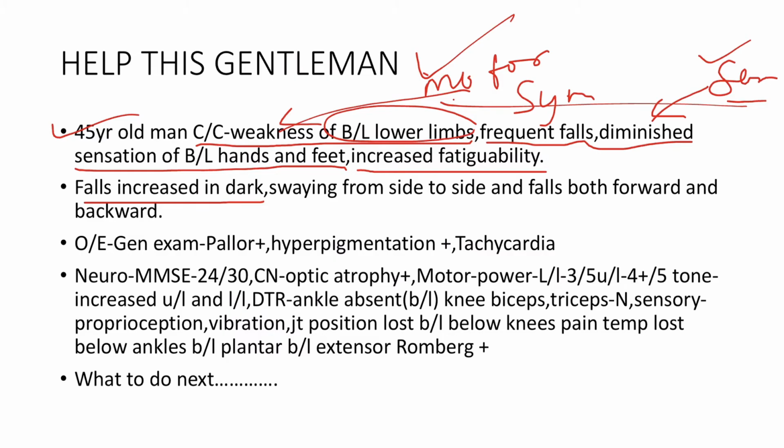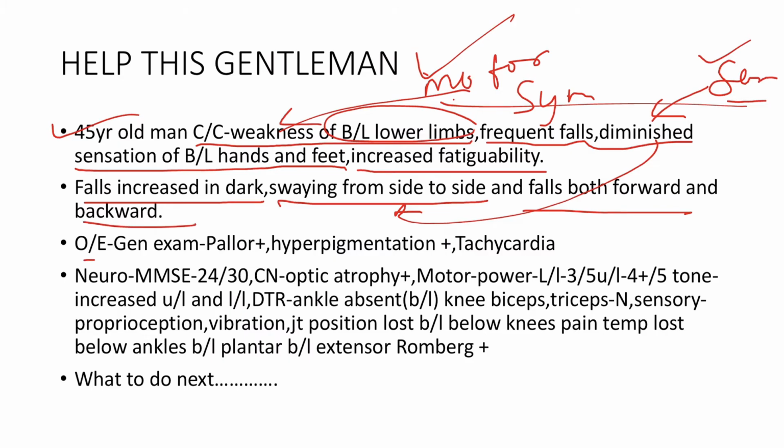That's why, in the absence of visual feedback, he is having increased falls. And there is swaying from side to side, again suggesting ataxia, and that is due to this sensory ataxia. And the falls are both forward and backward, right?